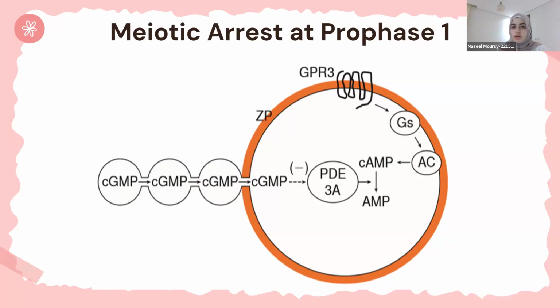And I said it's needed for communication. For communication of what? This cyclic GMP. This cyclic GMP inhibits phosphodiesterase, and so phosphodiesterase cannot break down cyclic AMP. So you get a lot of cyclic AMP, you get a lot of PKA, and you get a lot of phosphorylation of the cyclins and cyclin-dependent kinases. And so you cannot go through meiosis.